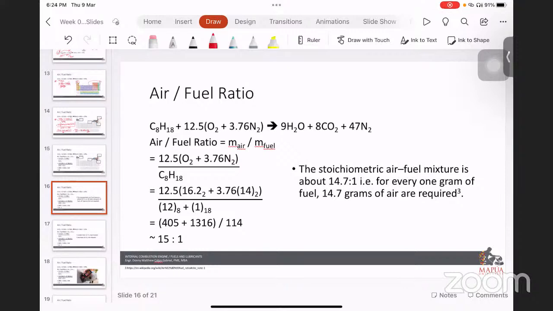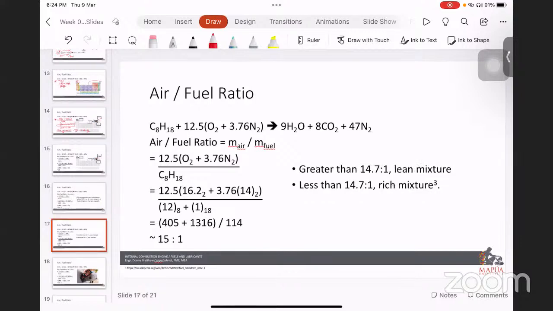Now, if the air and fuel ratio of your mixture is higher than 14.7, mas madami kang hangin. Naglagay ka ng turbocharger or supercharger sa sasakyan mo. Mas marami kang hangin. Ang tawag doon ay lean mixture. Okay?